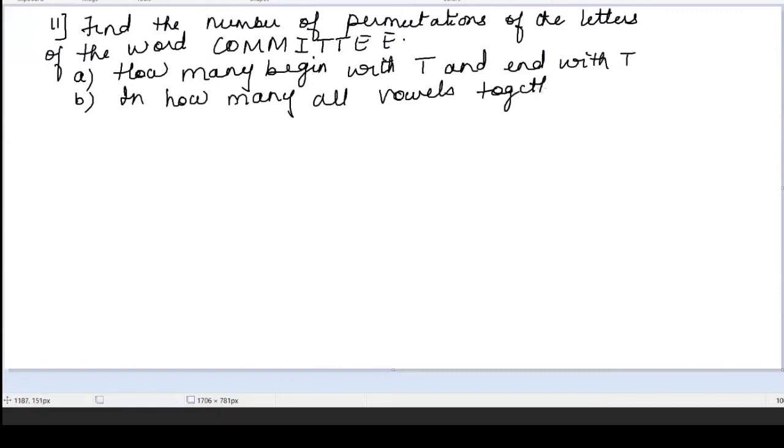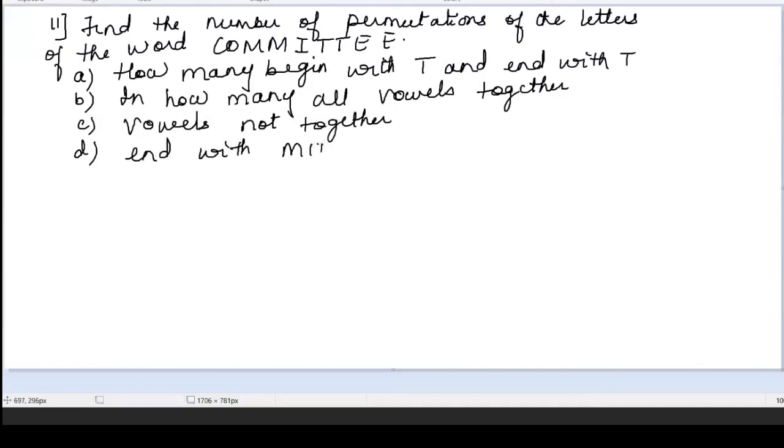C question. Vowels not together. Okay, in short I wrote vowels not together. D question. End with MITE. And E question. No two vowels together.